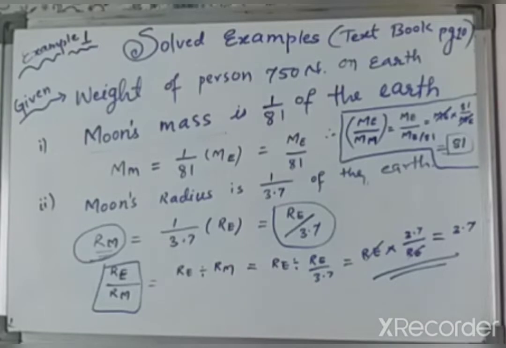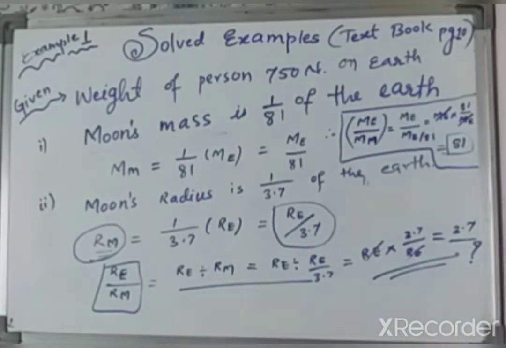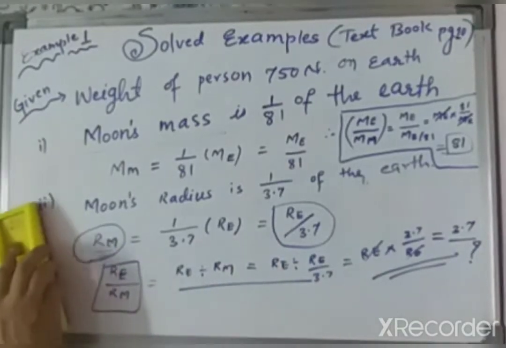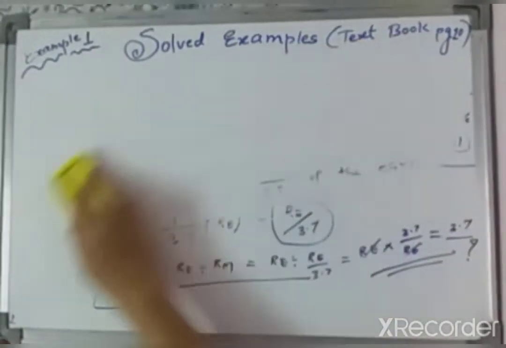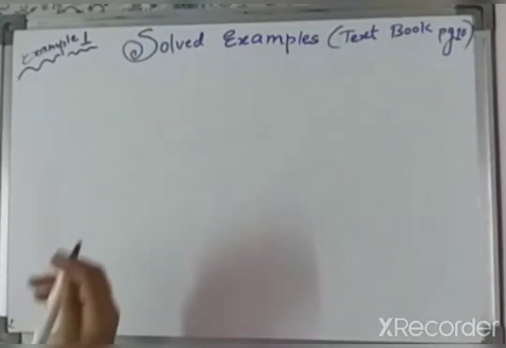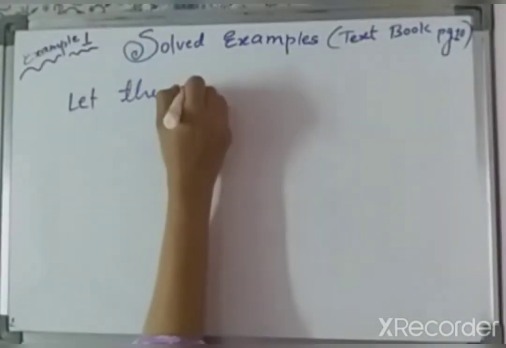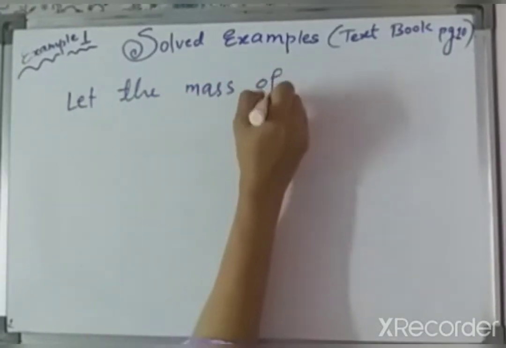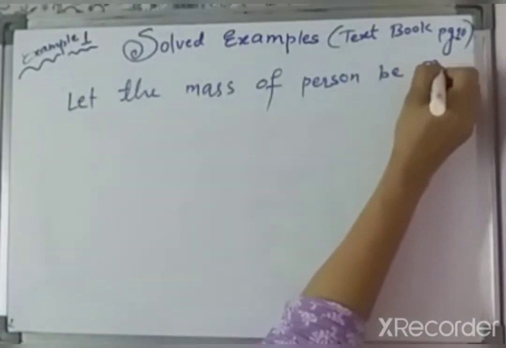Now let's move to the next. Any doubt regarding this? Is it clear how this value came? Let's move to the next step. Now let us consider the mass of the person to be small m.